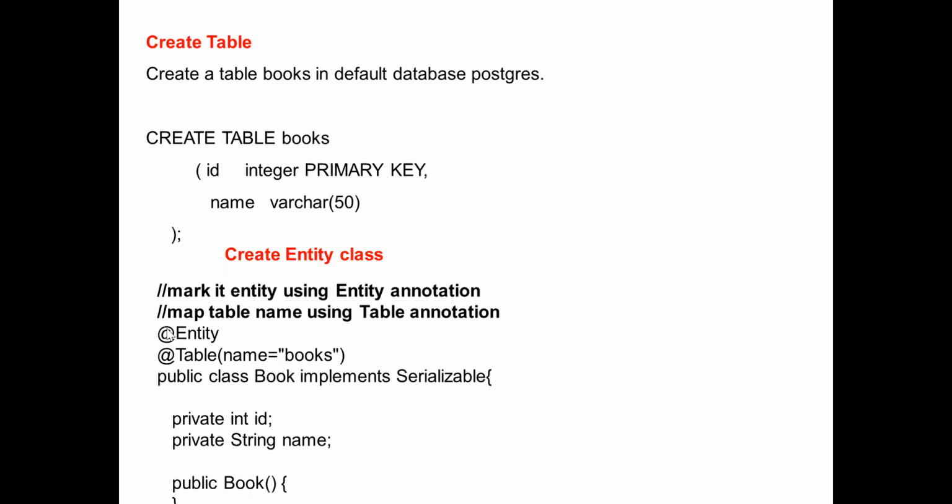An annotation is nothing but using the symbol @. So @Entity is an annotation, and this entity annotation will map the table name using the table annotation. So just write @Table. It means that we have to map the table annotations.